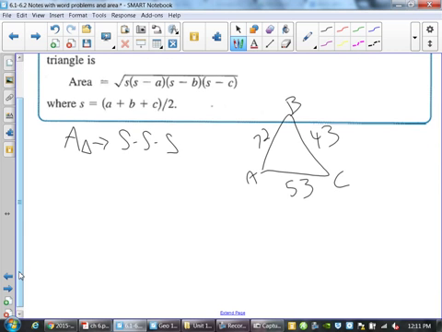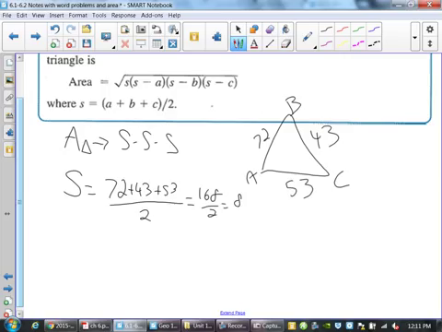So it's 72, 43, and 53 all over 2. So let's see, what was it? 96 and 72 would be 168. So you get 84 for this value of S.